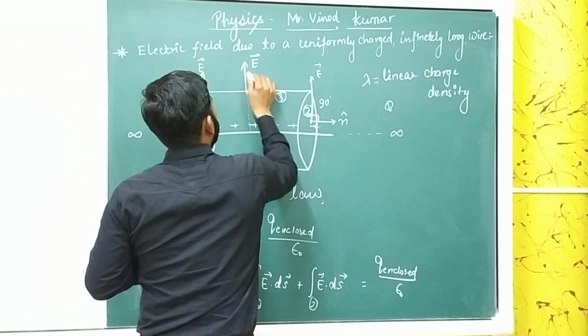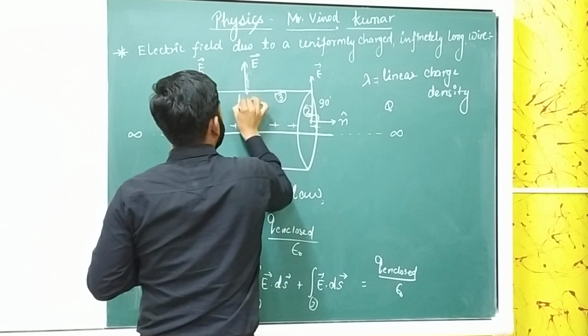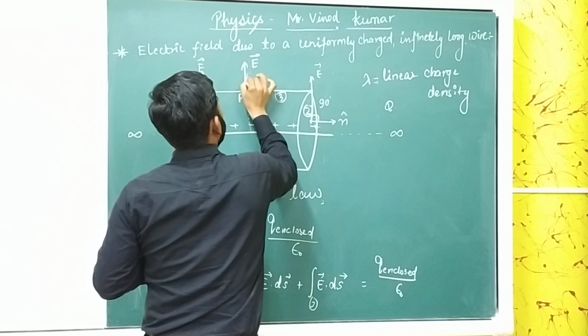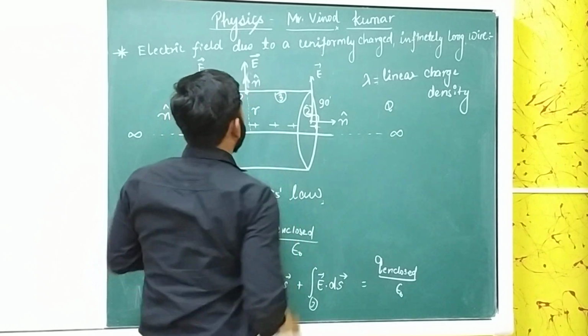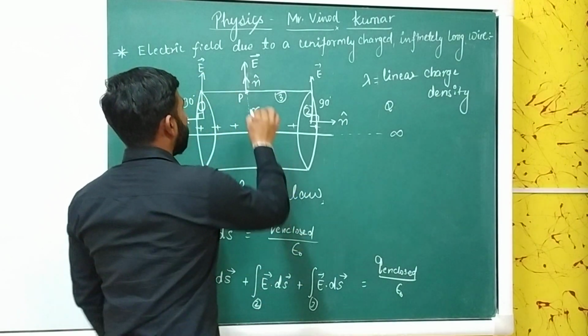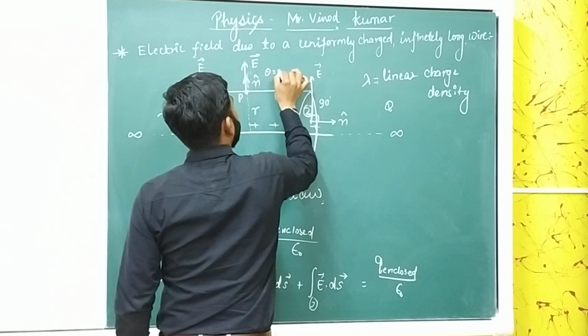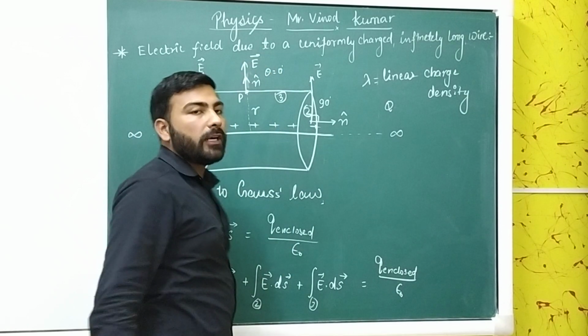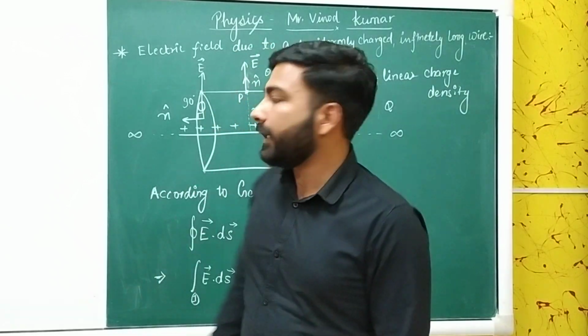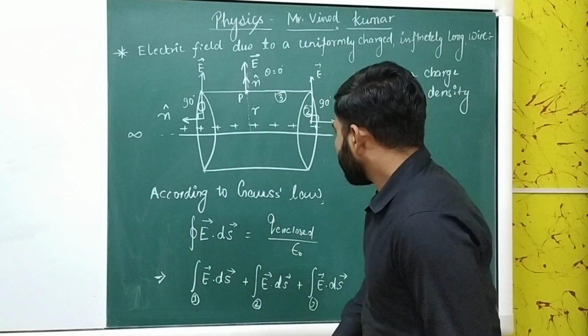At this point P, this will be the direction of the area vector, and in this case the angle between area vector and the electric field vector is 0 degree. Okay.